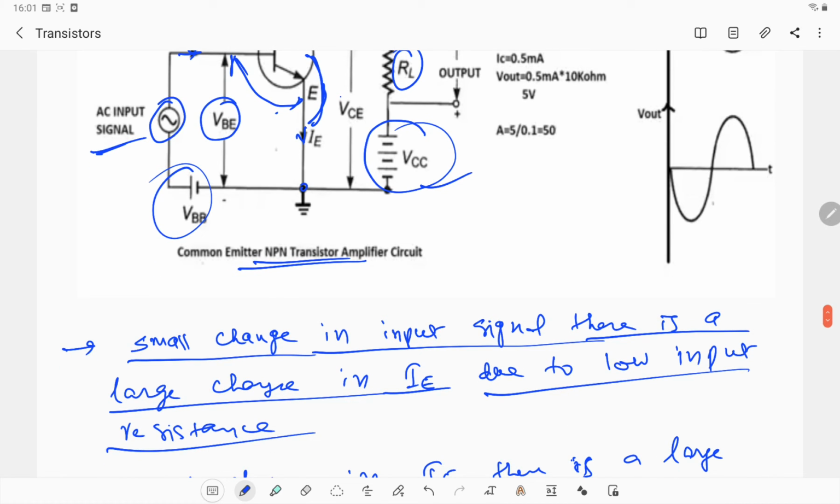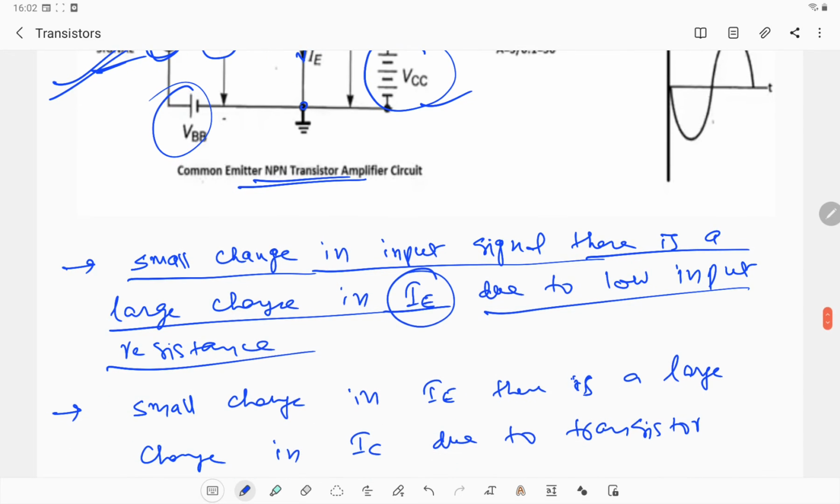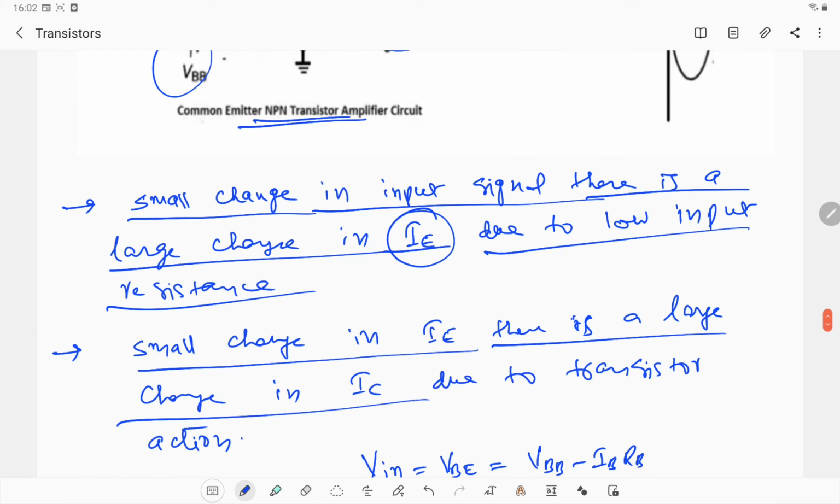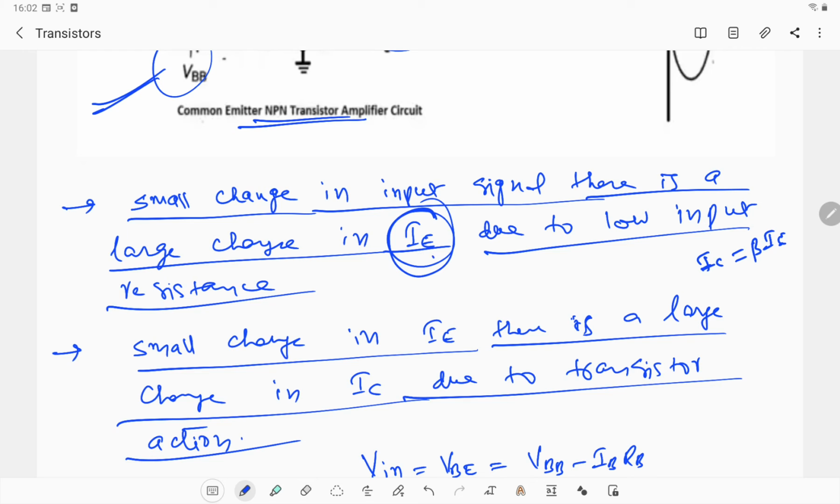If there is a small change in input signal, there is a large change in emitter current due to low resistance. For a small change in emitter current, there is a large change in collector current due to transistor action. Transistor action means IC is equal to beta into IB.